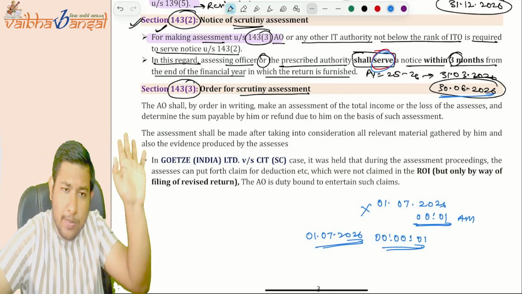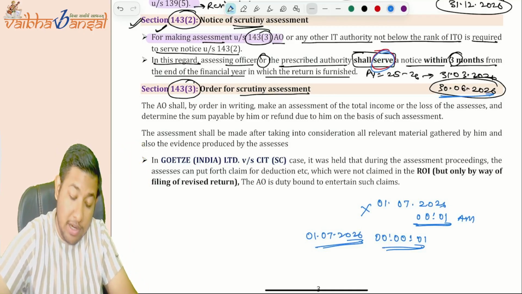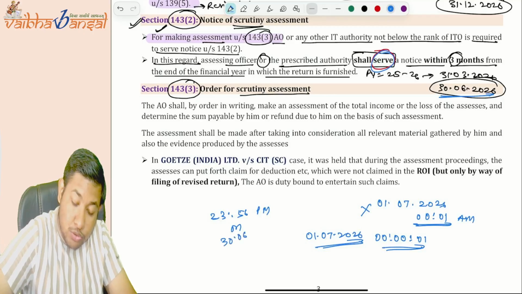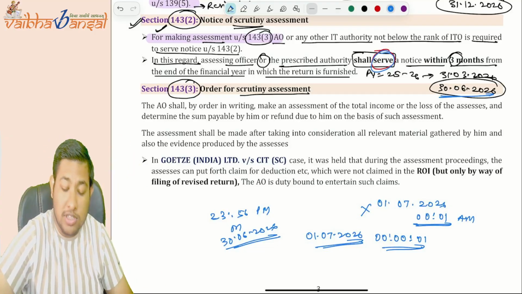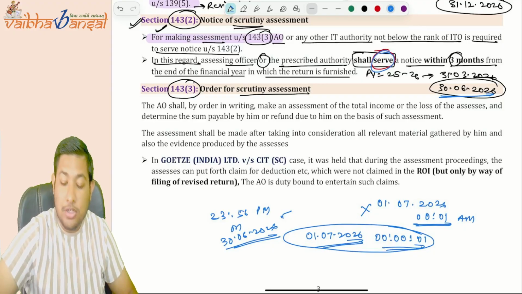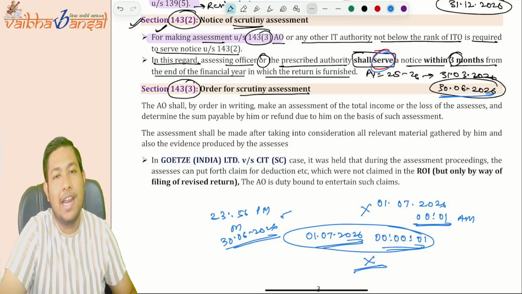Suppose the department had sent the mail at 23:56 on 30th of June 2026. The department has sent it at this particular time, but I have received it at this particular time. That's why the notice is also irrelevant.